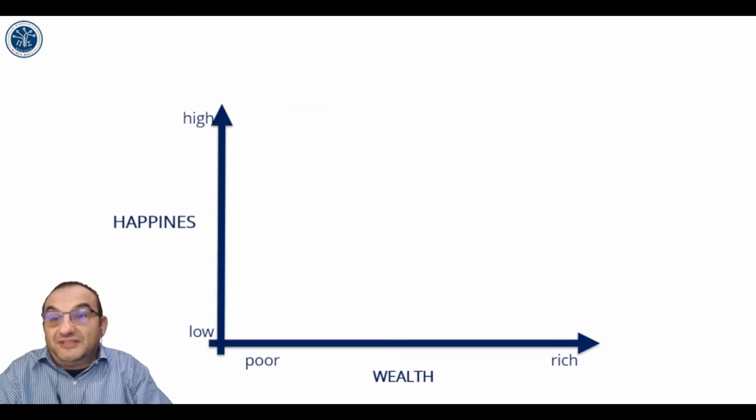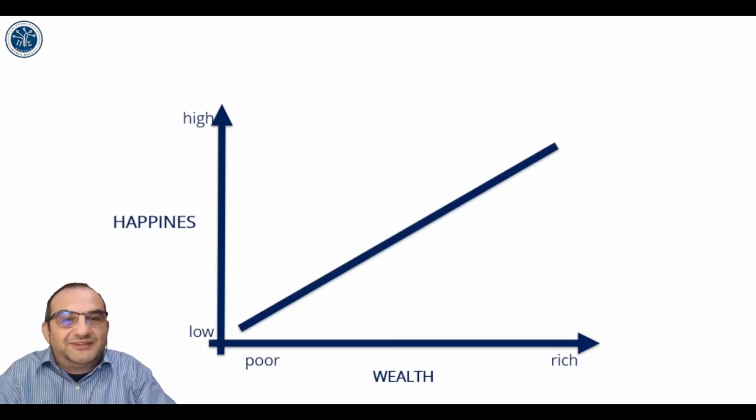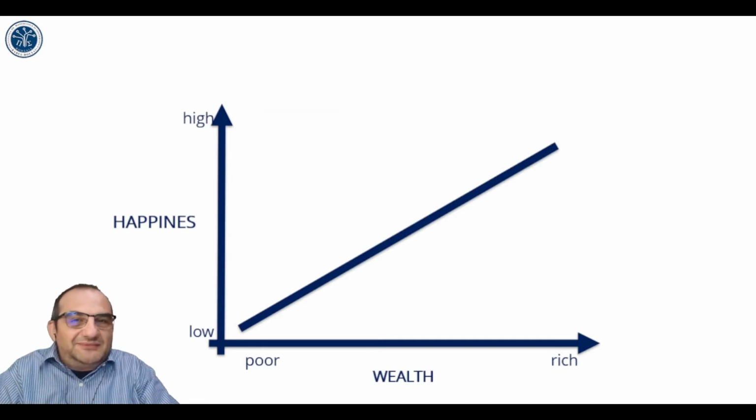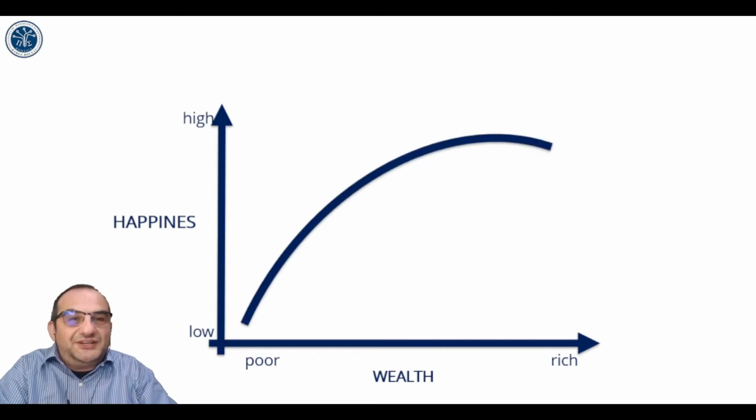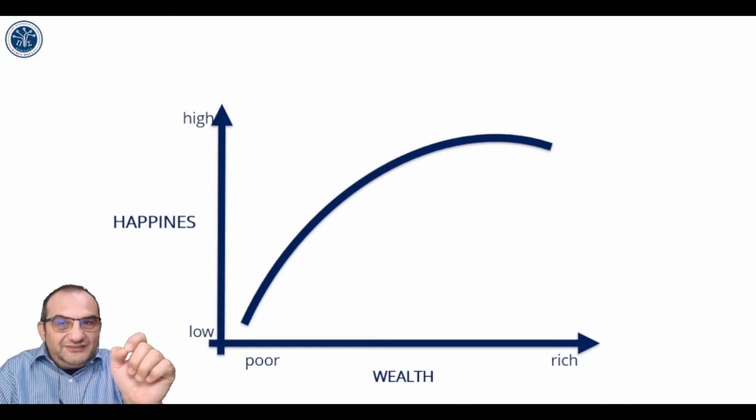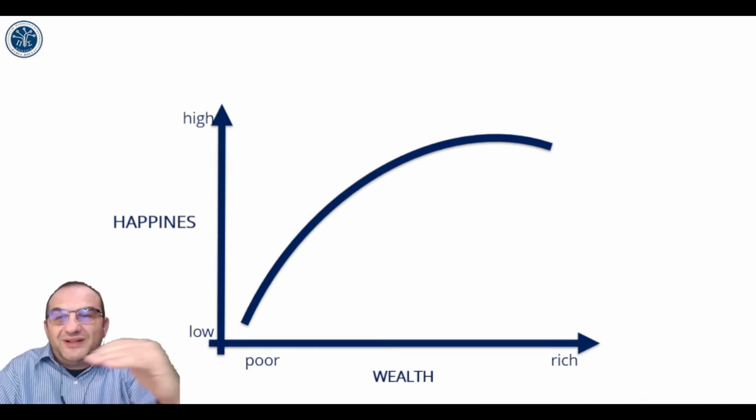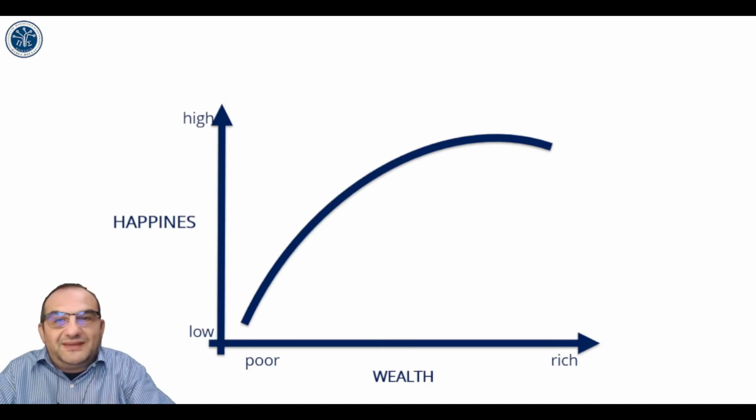We used to think naturally, isn't it, that there is a linear dependency between these two. Something like that. Or maybe sometimes we think of this relationship as having this shape. So what does it mean? That means that there is a point when a wealth growth does not affect happiness too much.